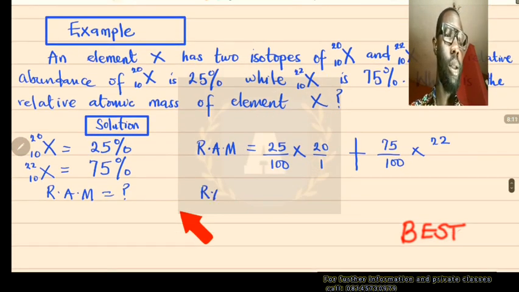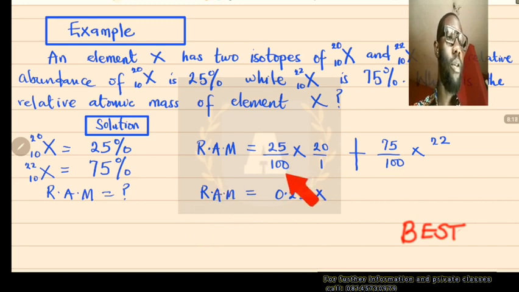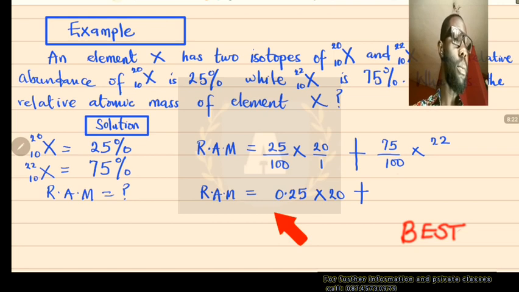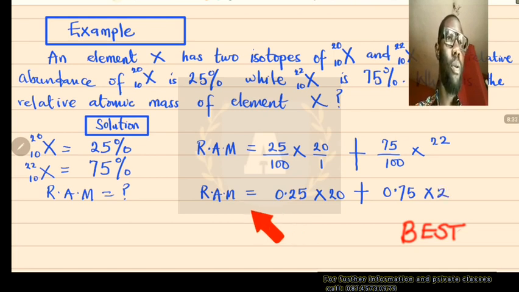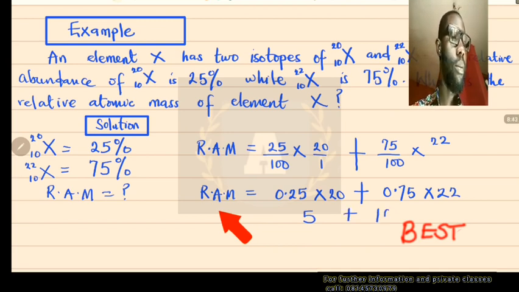So here what do we get? We have that R.A.M is equal to 0.25, that is 25 divided by 100, that's 0.25 multiplied by 20 plus 75 divided by 100, that is 0.75 multiplied by 22. So now I'm multiplying 0.25 by 20, we got 5, then 0.75 multiplied by 22, so that is 16.5.